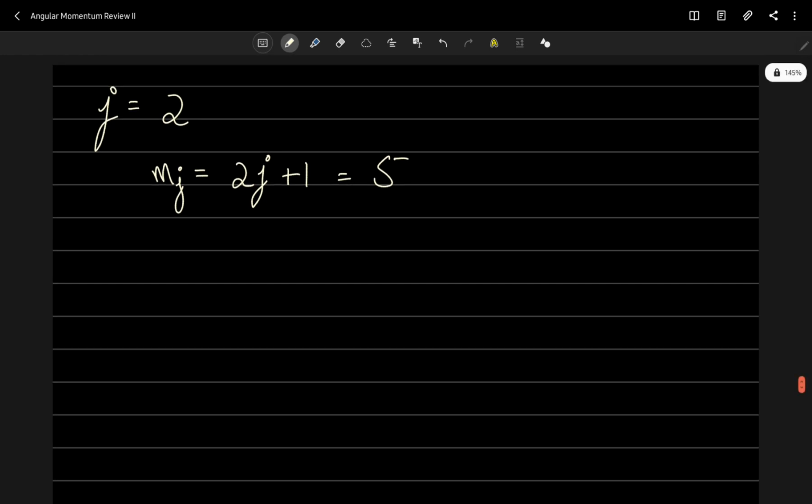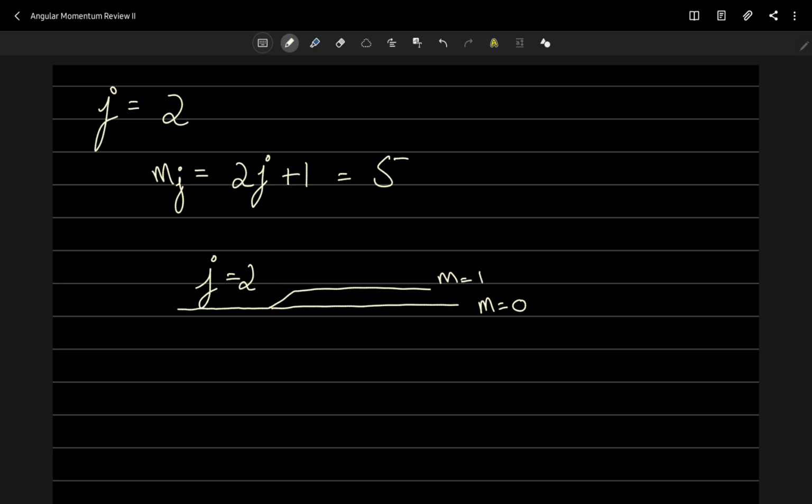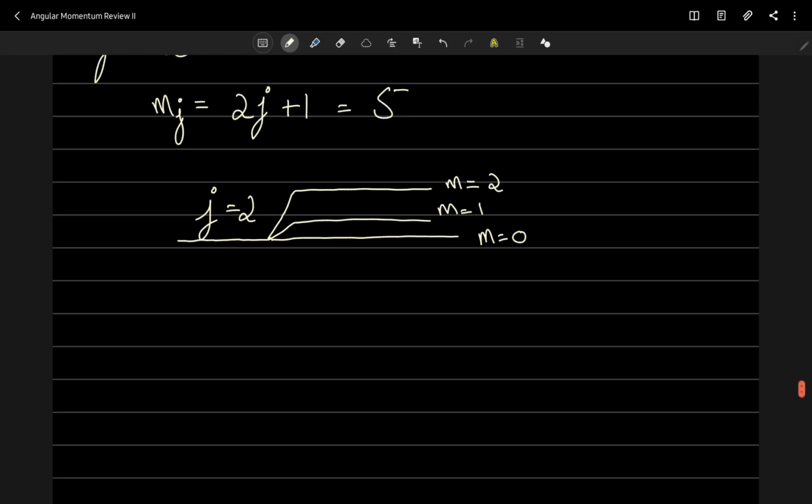So for that, I can draw this spectrum as, for j equal to 2, it would split into, first, m equals 0, then m equals 1, then m equals 2, right?